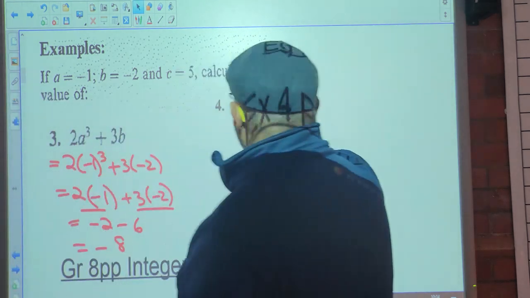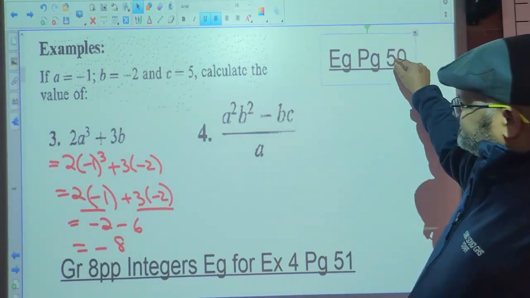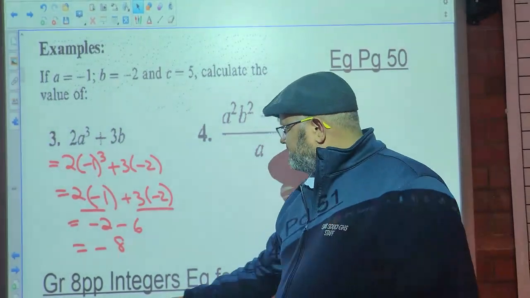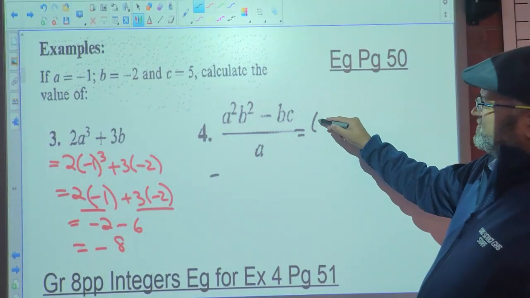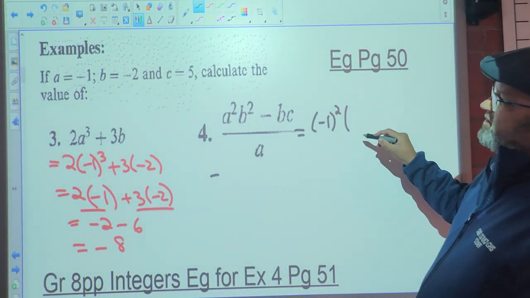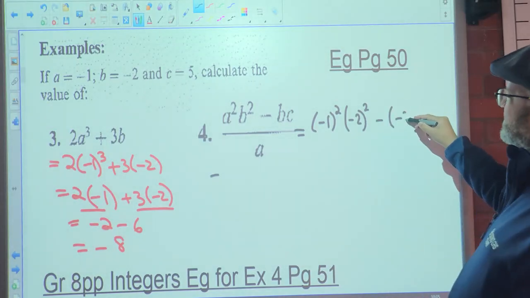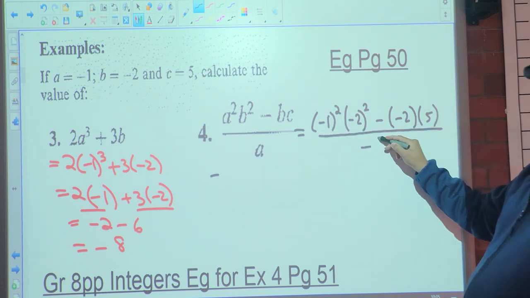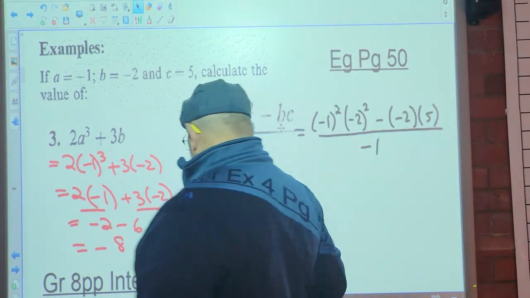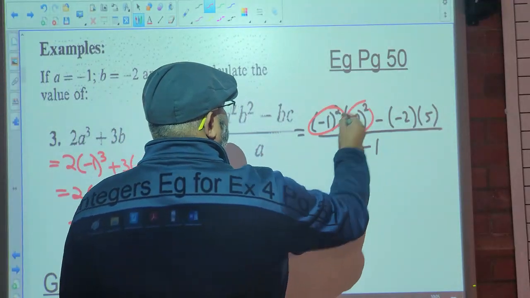And the last sum of this chapter, number 4. So A gets replaced with negative 1. So it's negative 1 squared times B, negative 2 squared, minus B is negative 2, C is 5, and this is all over A, which is negative 1. So what needs to be done first? Brackets.